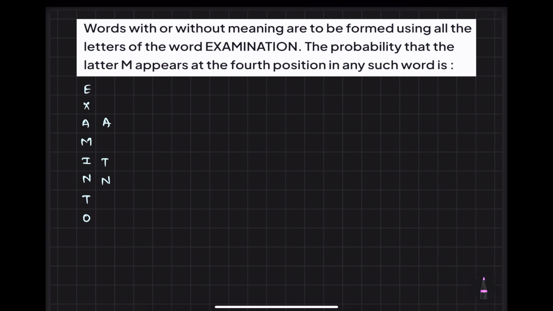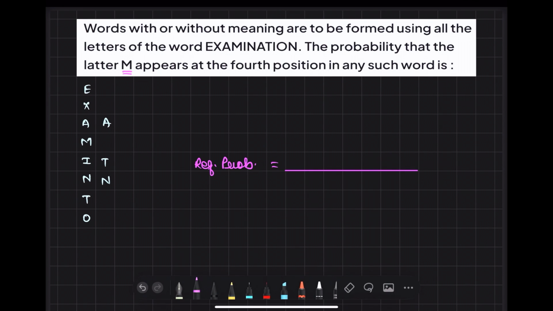the probability that the letter M appears in the fourth position in all such words. So look at this, the required probability. You know that we have how many letters?